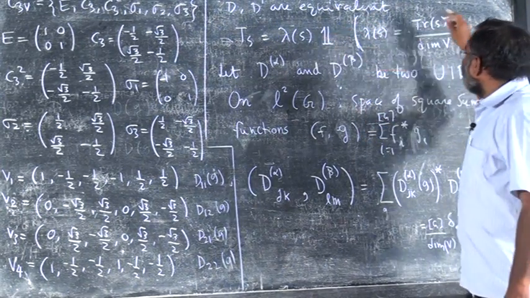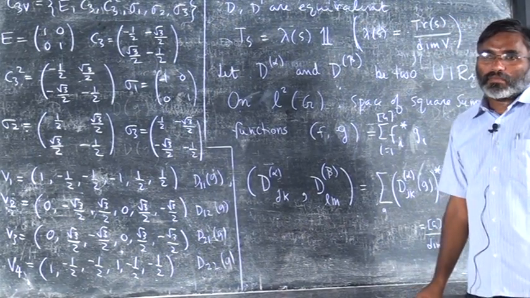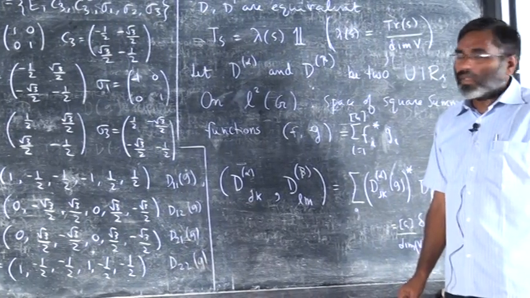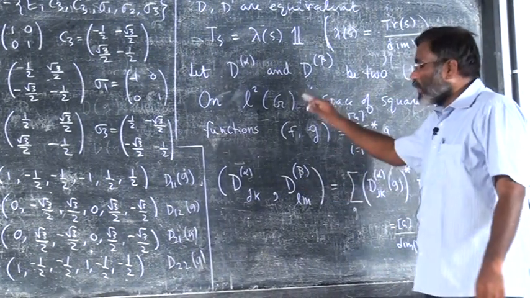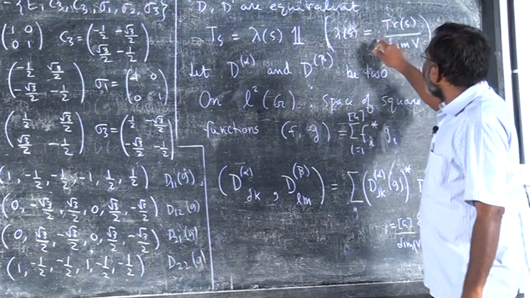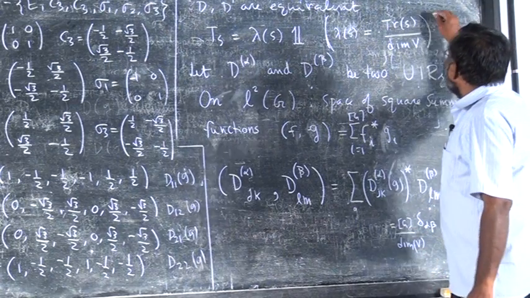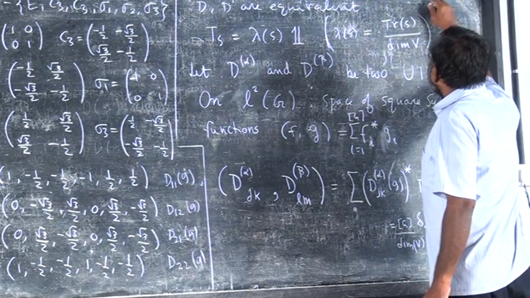This lambda s can be shown as trace of s divided by dimension of V. From this, because there is an s that is sitting here, when I get this, this will go away and the dimension of V will remain. If there is time, I will try to show this.